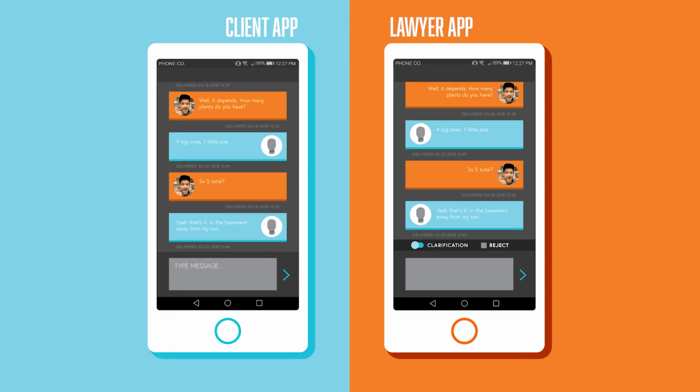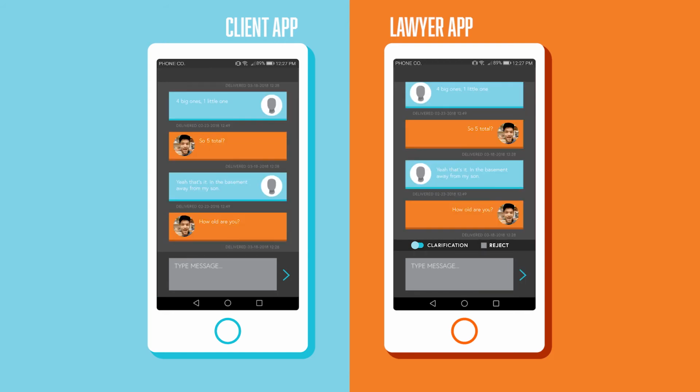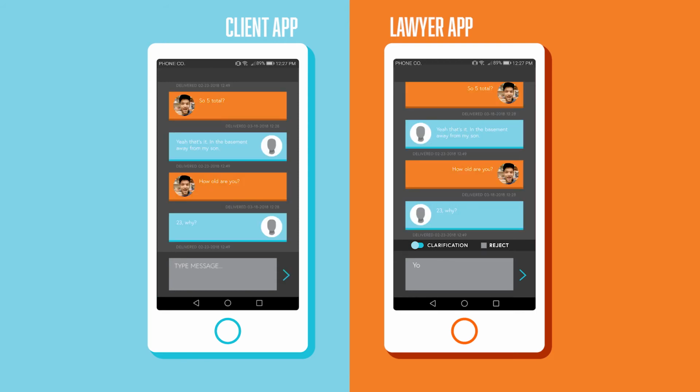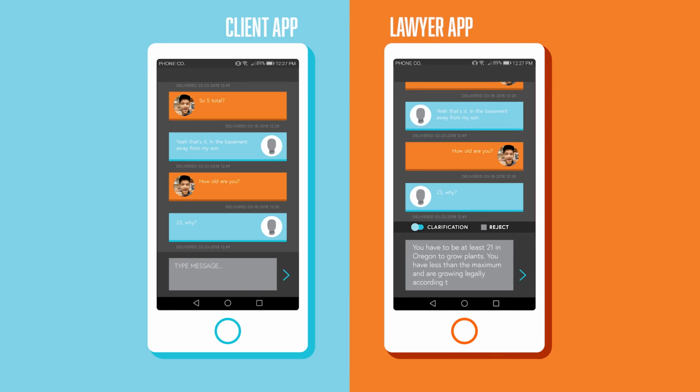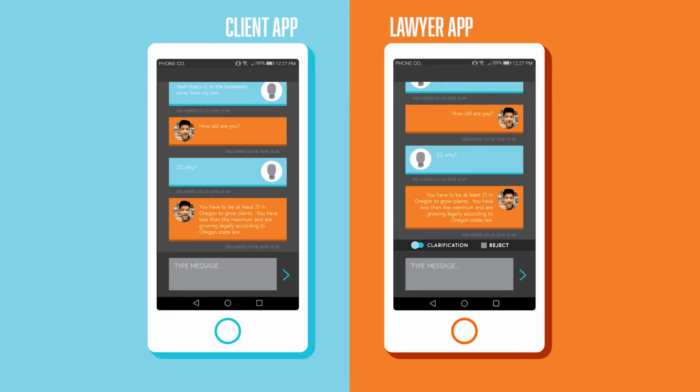The lawyer asks for clarification, "How old are you?" Joe responds, "23. Why?" The lawyer responds, "You have to be at least 21 in Oregon to grow plants. You have less than the maximum and are growing legally according to Oregon state law."